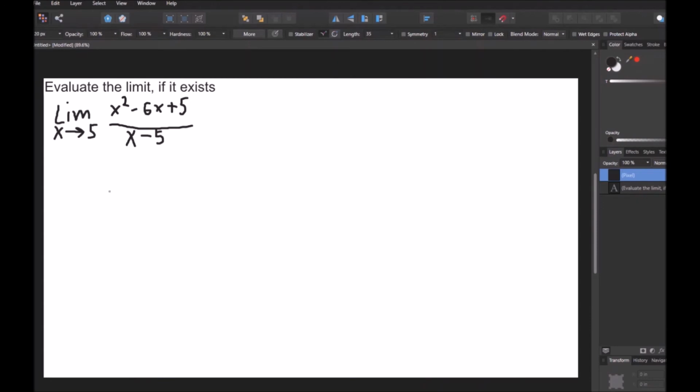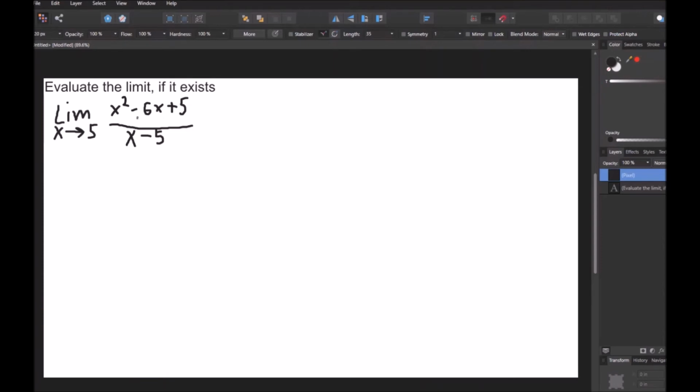Okay, so in this next question we're asked to evaluate the limit if it exists. And we're given the limit as x approaches 5 of x squared minus 6x plus 5 over x minus 5. Now, if we just did direct substitution, we would get a number over 0, which is undefined, and we don't want that. So what we can do is factor the numerator.